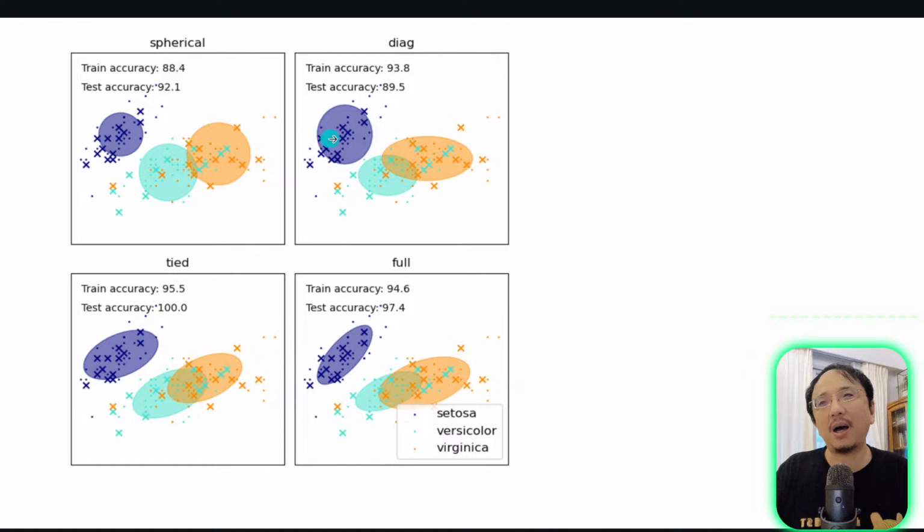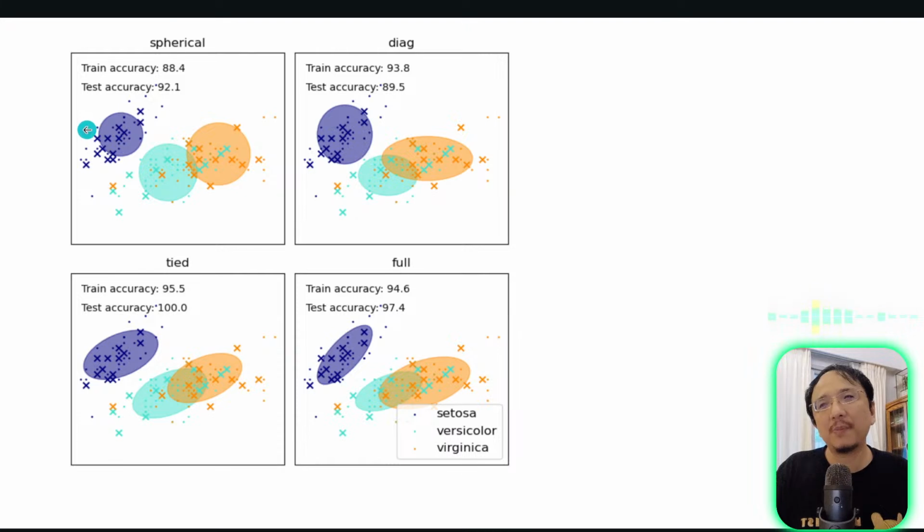So here are some examples for a 2D Gaussian mixture. Because a Gaussian is usually visualized as a circle or ellipse, here are some different variations.